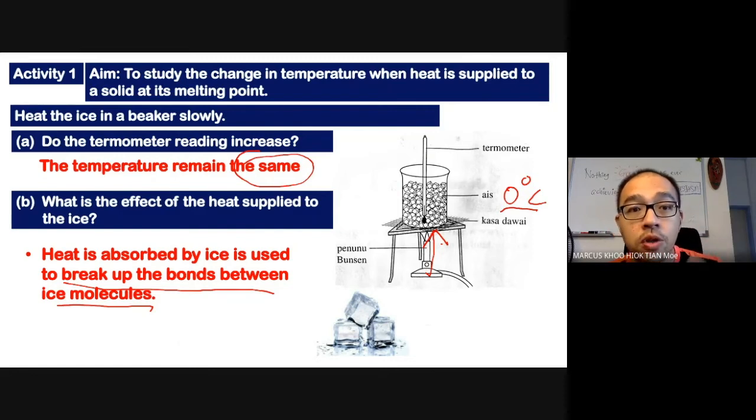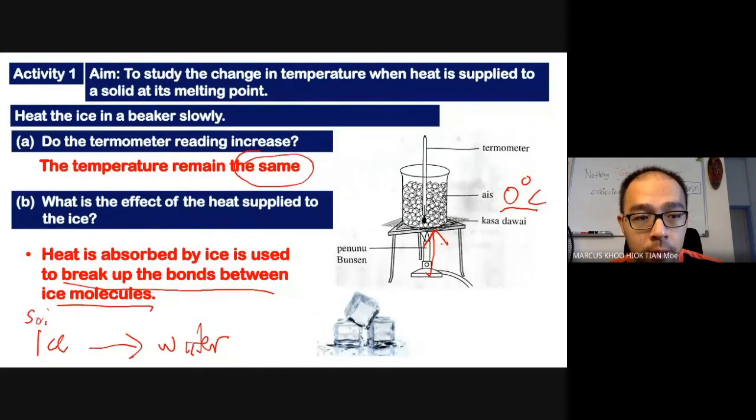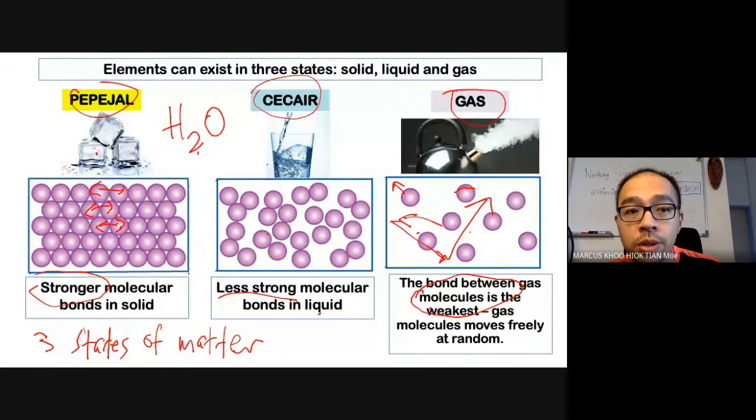Okay, so what is happening here is that the ice is changing to water, okay, alias the solid is changing to liquid, okay, or we know that as this form is changing to this form.